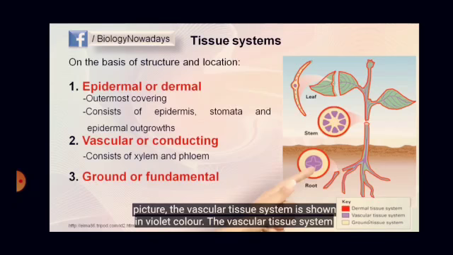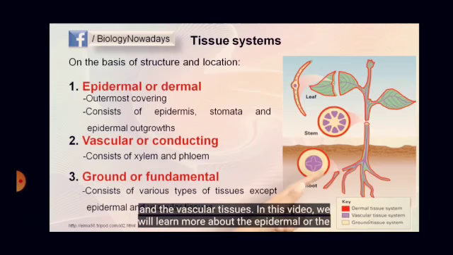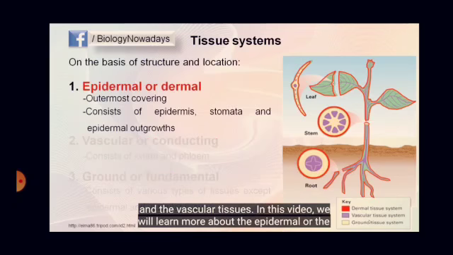The vascular tissue system forms a continuous system that spreads in roots, leaves, stems and so on, and acts as a continuous channel for the conduction of water, minerals and prepared food. The ground or the fundamental tissue system consists of various types of tissues except the epidermal and the vascular tissues. In this video, we will learn more about the epidermal or the dermal tissue system.